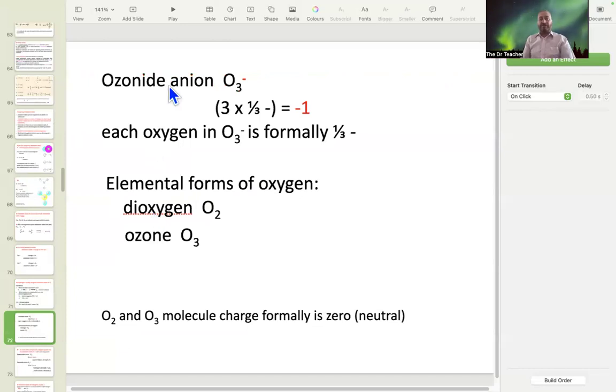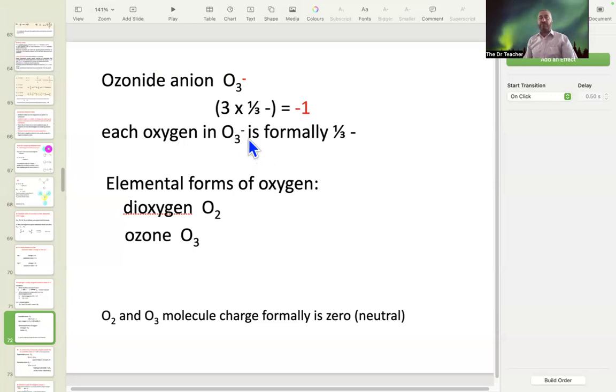Ozone or ozonide anion, O3 minus. Let's check it out. Here, every oxygen is -1/3. So 3 oxygens times -1/3 will be -1. Each oxygen in the ozonide is formally -1/3. So this is the first time we can see the 1/3, and it's been found by crystallography analysis.